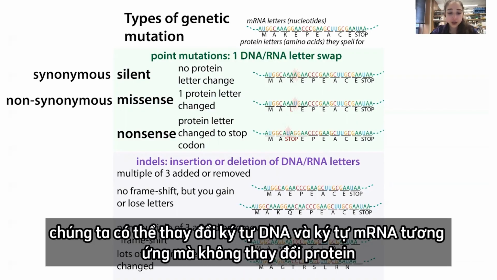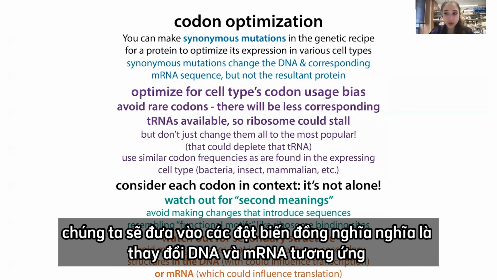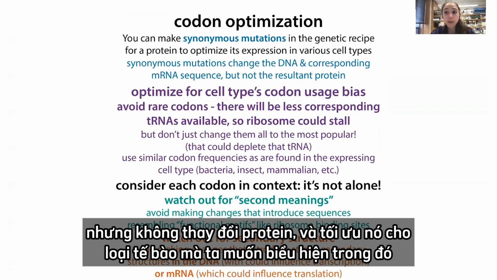We can change the DNA letter and the corresponding mRNA letter without changing the protein letter. These are synonymous mutations, and they're the basis of the codon optimization strategy: we introduce synonymous mutations in the DNA and the corresponding mRNA, but not the protein, and we optimize it for the cell type we want to express it in.